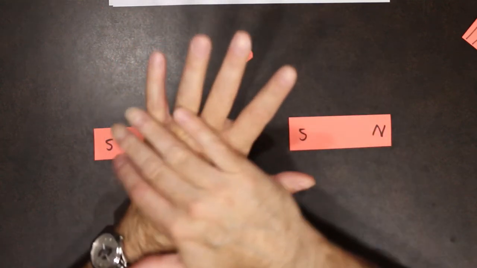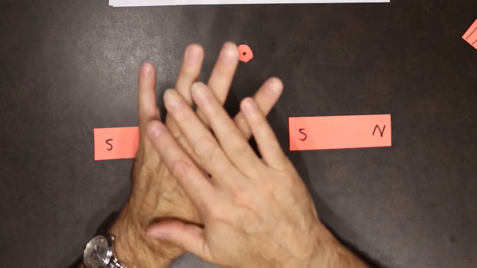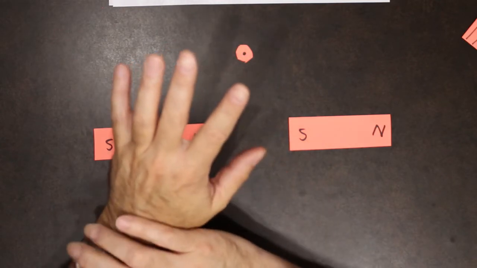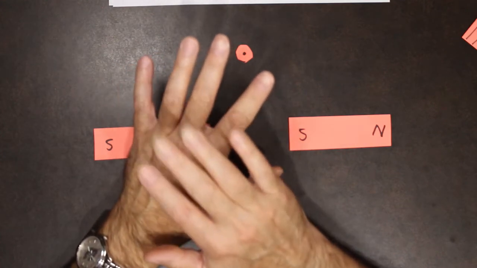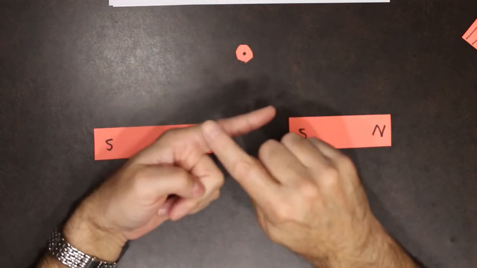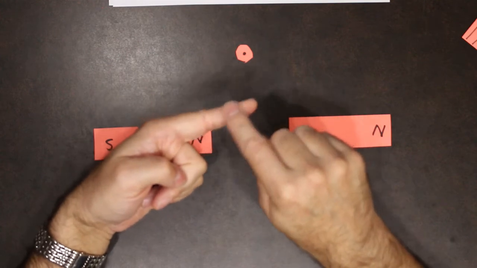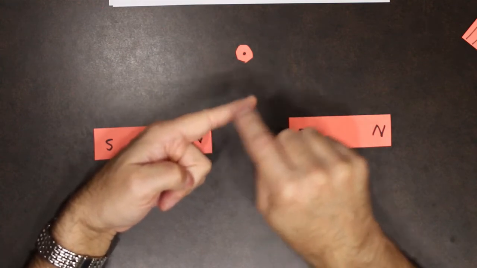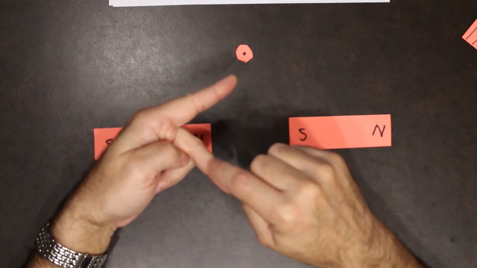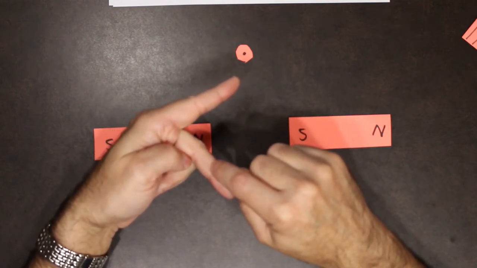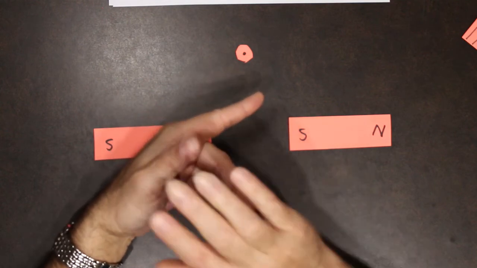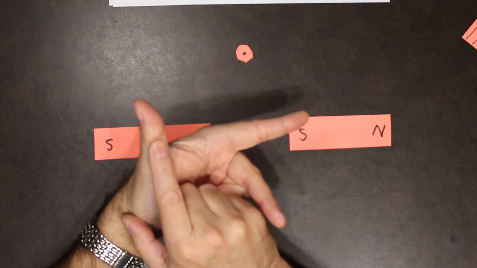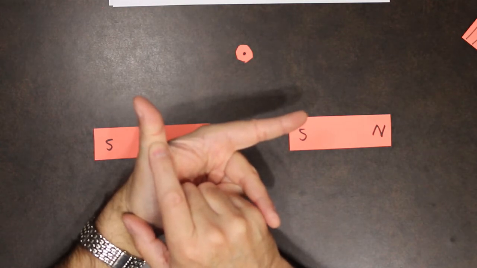So we have what's known as Fleming's left-hand rule for motors. If you have the direction of the magnetic lines of force and the direction of the current in the conductor, the rule will show you the direction of the movement of that conductor.